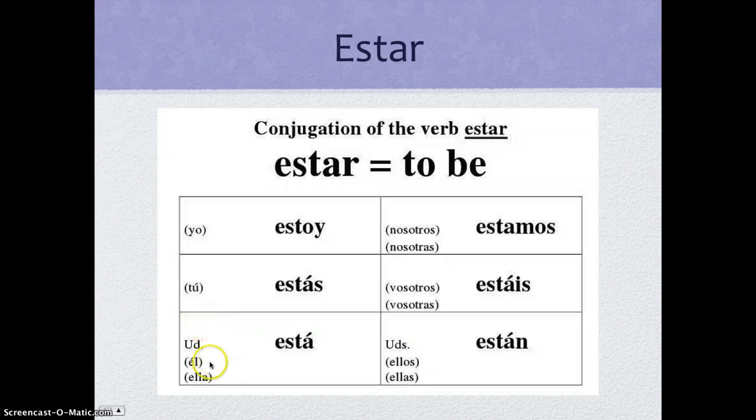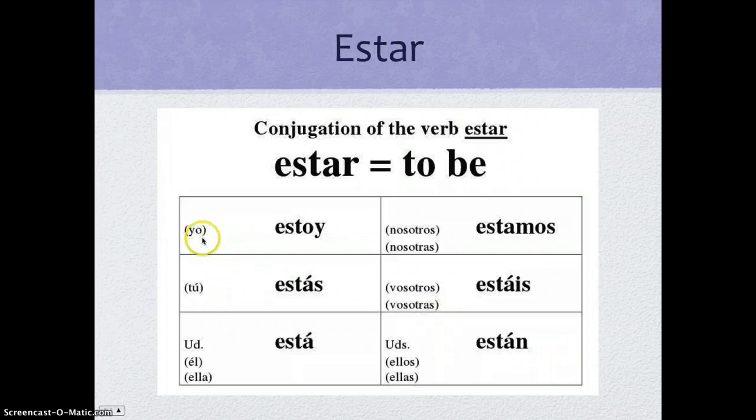For usted, él, and ella, it's conjugated está. For nosotros and nosotras, it's conjugated estamos. And for vosotros and vosotras, it's conjugated estáis. And for ustedes, ellos, and ellas, it's conjugated están.